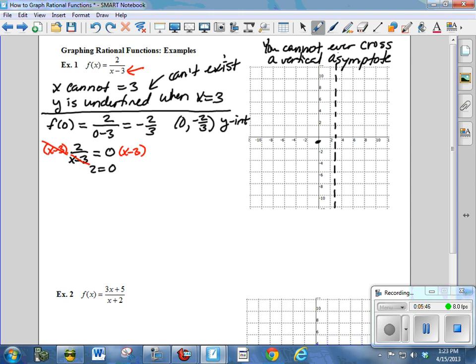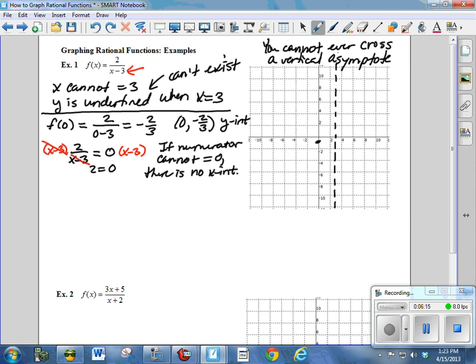And if you look at it, I think you can realize that. There's no value of x that I can put in that will make y equal to 0. In order to make y equal 0, the numerator of the fraction would have to equal 0. And the numerator can't equal 0. So I'm just going to write, if the numerator cannot equal 0, there is no x-intercept.